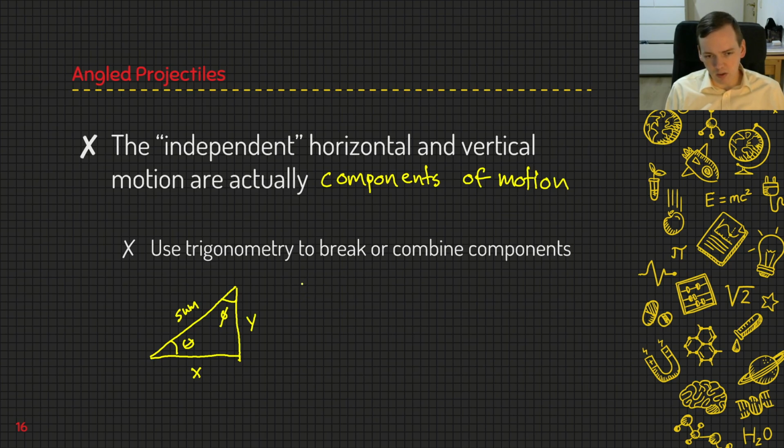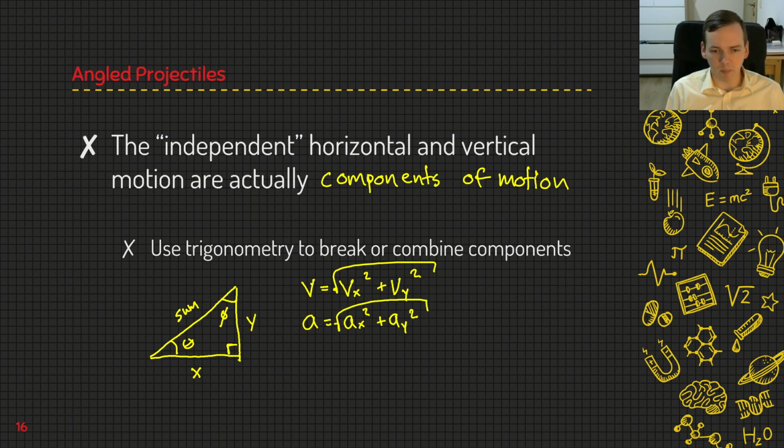For example, v, the total velocity, will equal the square root of vx squared plus vy squared. A will equal the square root of a sub x squared plus a sub y squared. Because the x and y velocities are always at right angles to each other, we use the Pythagorean theorem to combine them and solve for the hypotenuse.